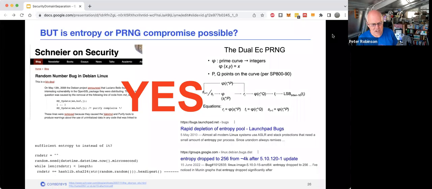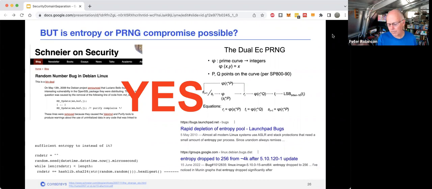The Dual EC DRBG is another really interesting one. It was an algorithm for generating random numbers that was recommended by NIST, and in a NIST standard. It essentially uses two elliptic curve scalar multipliers.